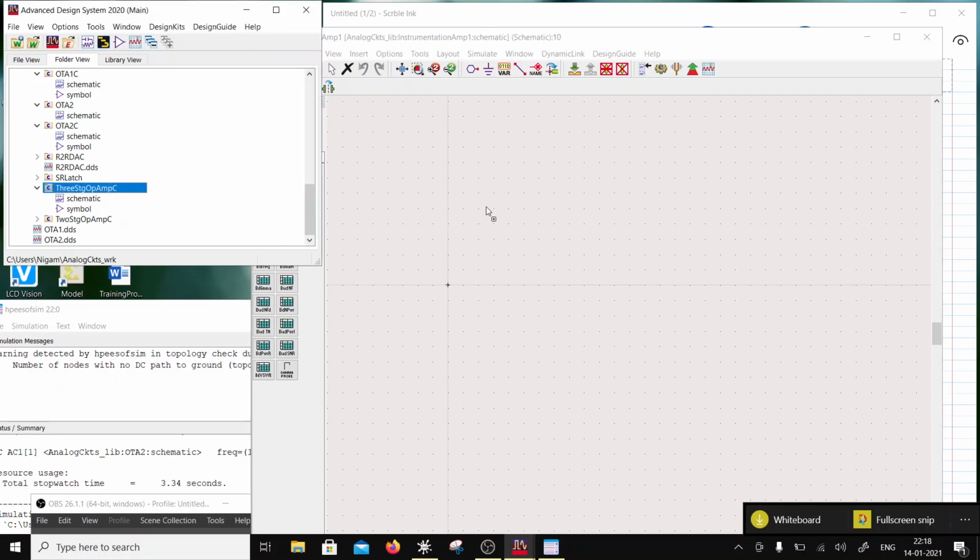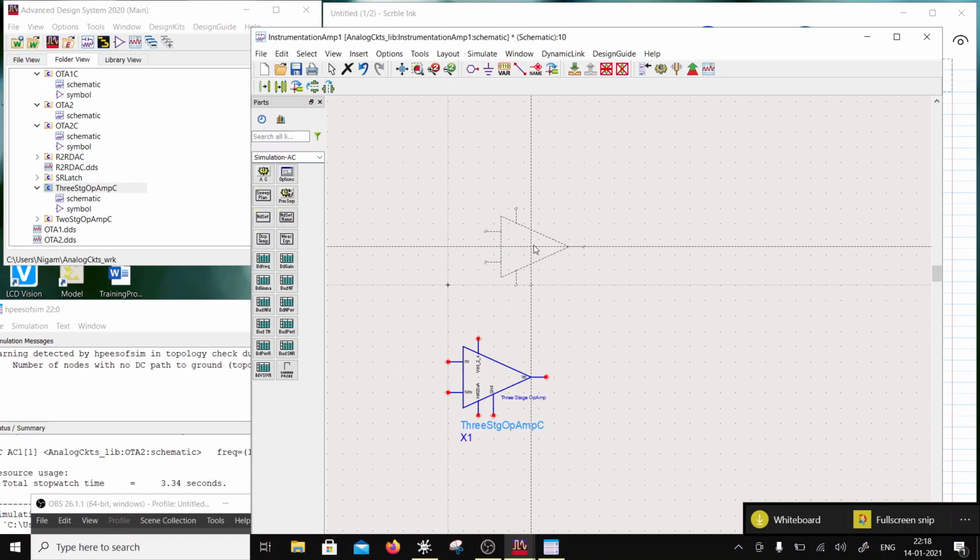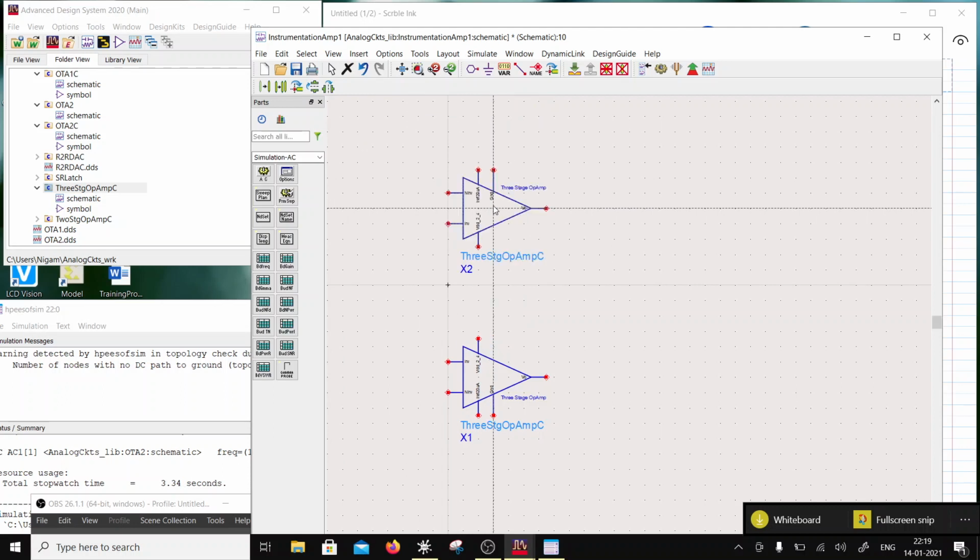Okay, so this is a 3-stage op amp. So this is one terminal, right? And then I'll just flip it upside down. Okay, so this is going to be my second terminal. And let me move the text. So one is over here.